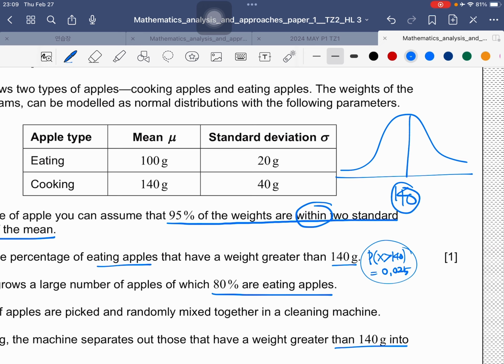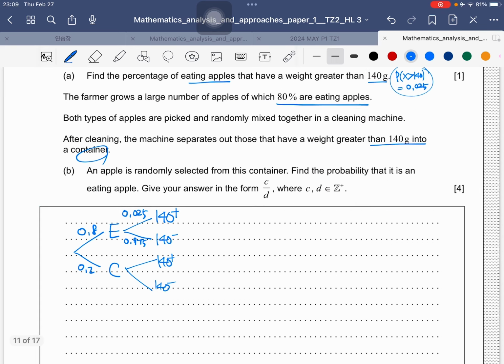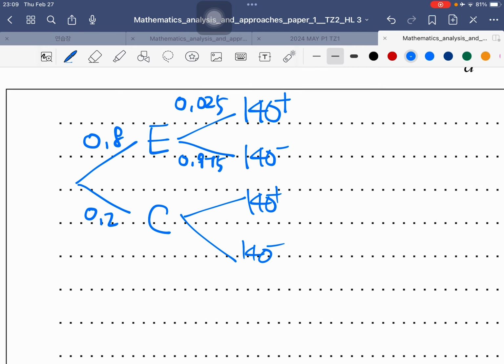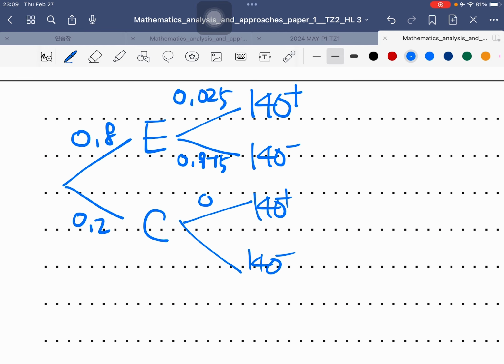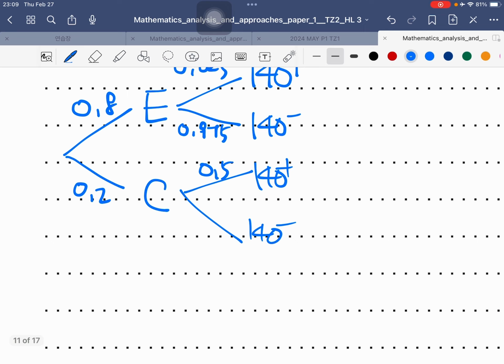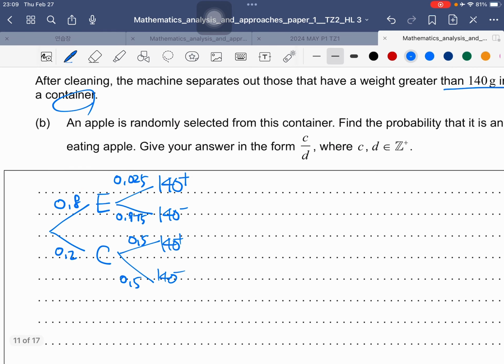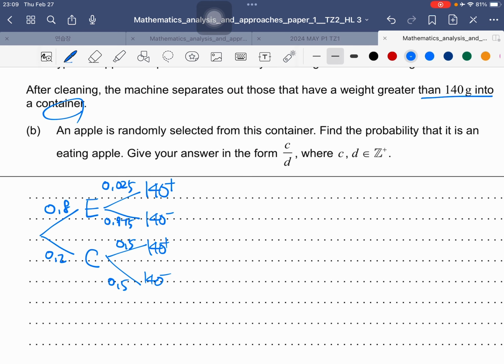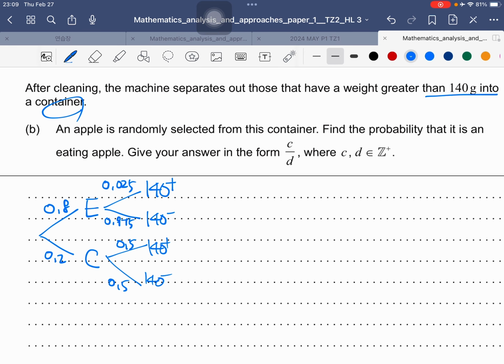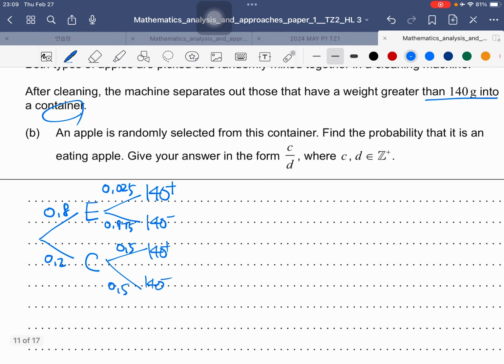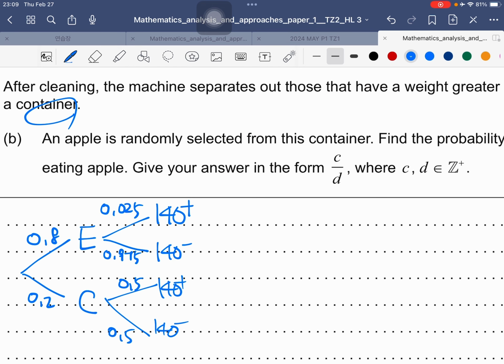So the chance of this side is already 0.5, the other side is already 0.5. So for cooking apple, the probability of greater than 140 is 0.5, and less than 140 is also 0.5. So weight greater than 140 is put into the container, which means we can calculate the probability.